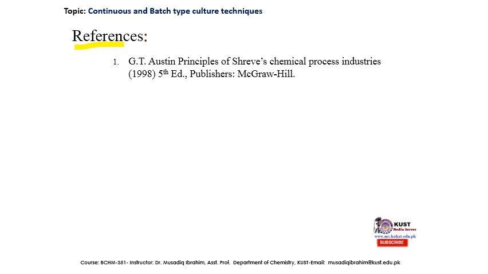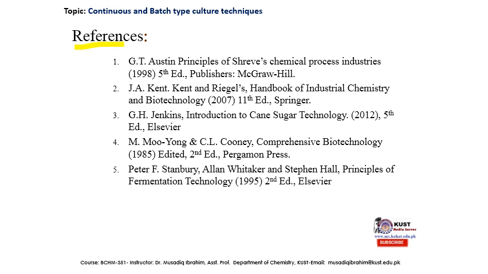Now the references which need to be followed for further understanding and further reading are mentioned here, and serial number 5, the book with the title Principles of Fermentation Technology, is very relevant to this topic, and it is written by Peter F. Stanbury, Alan Whitaker, and Stephen Hall.